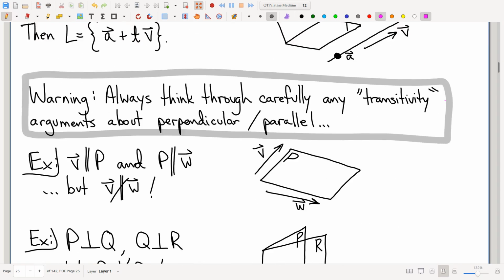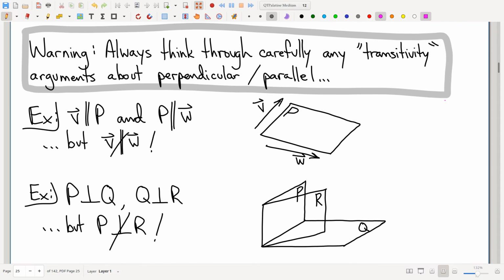Okay. So in these last two examples that I've done, I've made use of transitivities. This is parallel to that, and that's perpendicular to that, and so therefore. Sometimes when you're talking about a transitivity, it's a line and another line and a third line. Or sometimes it's a line and a plane and another line. Sometimes it's a plane and a plane and a line. There are various different combinations.